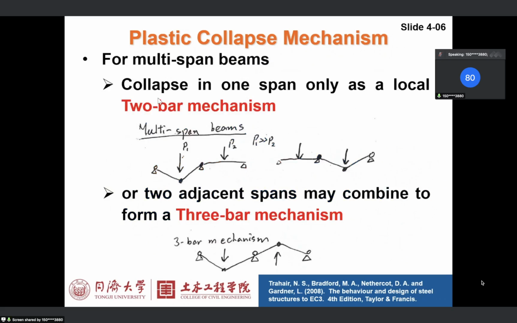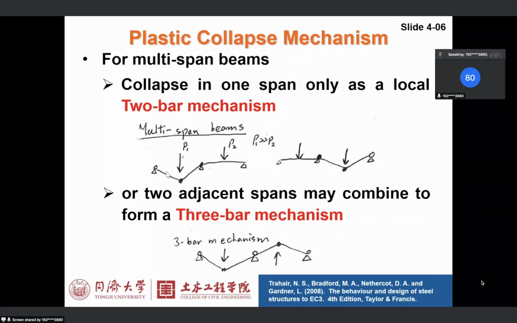Of course, if we are dealing with multi-span beams, we can also give some predictions. Use our knowledge and experience to find the right two-bar mechanism. For example, if there are two-span beams with two point loads, P1 and P2, and P1 is much larger than P2, we should have this mechanism.